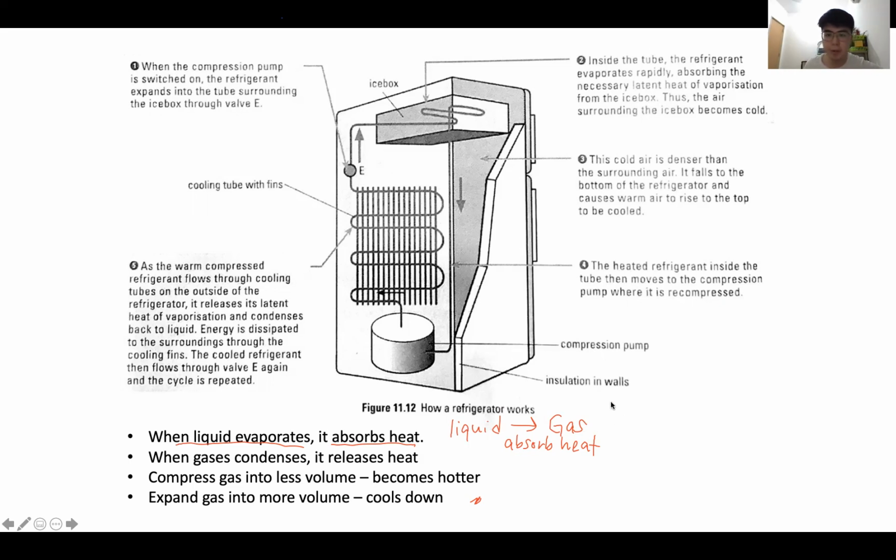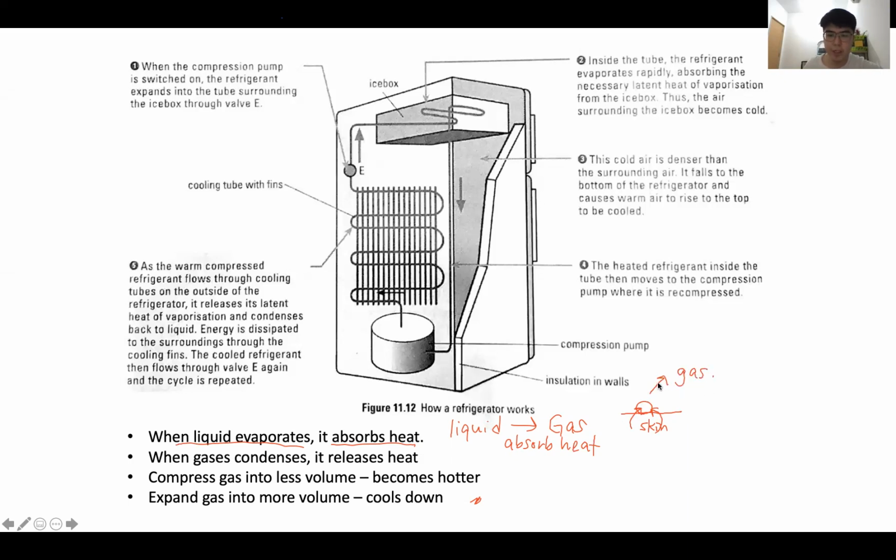It's the same principle as the moment you come out from the swimming pool, you feel very cold. Why? In the swimming pool, you feel warm, right? When you come out, you feel very cold. It's because the water droplets on your skin evaporate. They take the heat from your body and then evaporate, turning into gas.